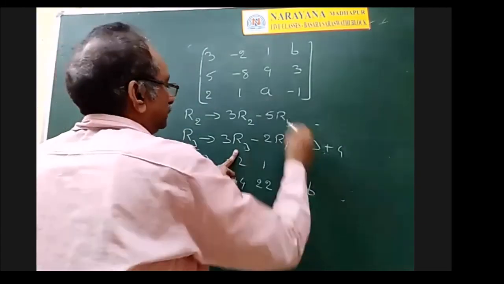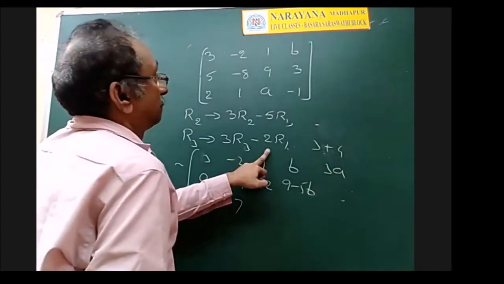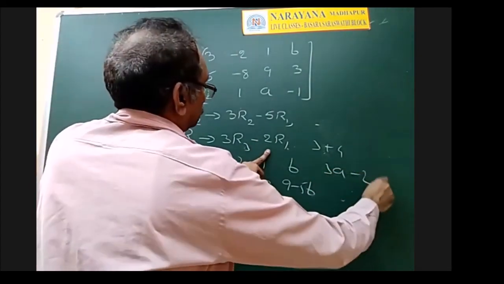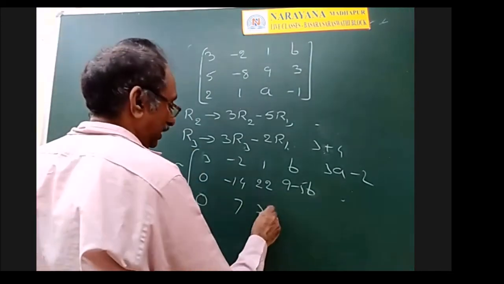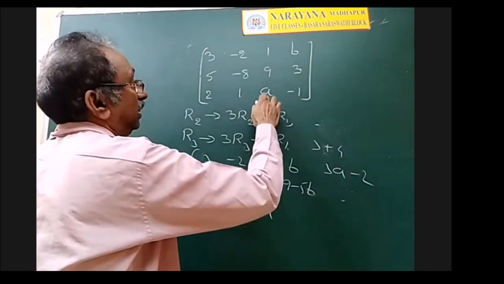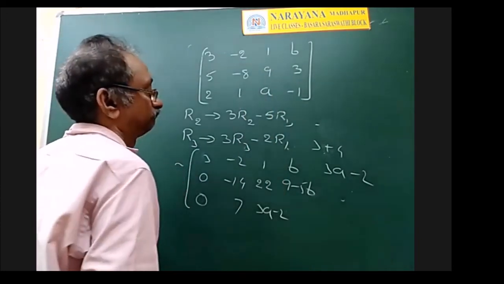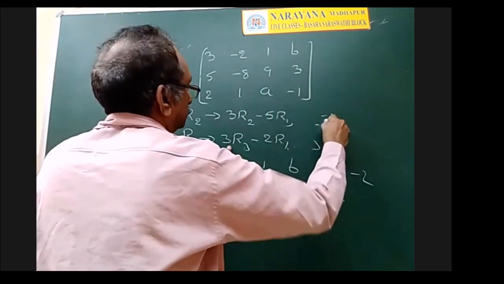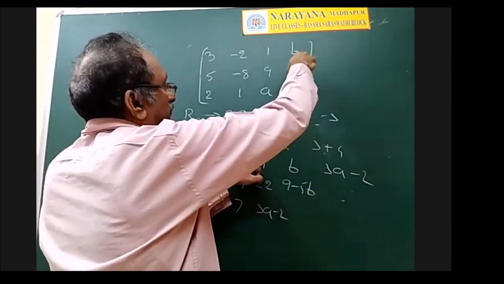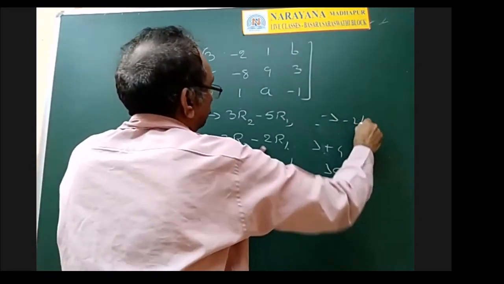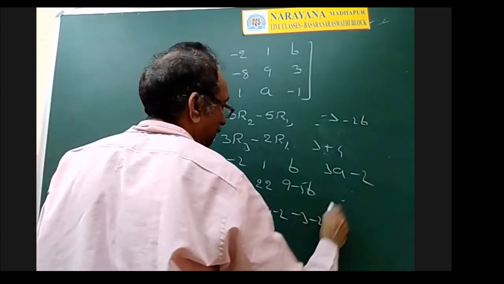And once again 3R3, 3A minus 2 into R1 minus 2, isn't it? So 3A, once again 3A minus 2. And 3R3, that is minus 3 minus 2 into R1 minus 2B. Therefore minus 3 minus 2B.